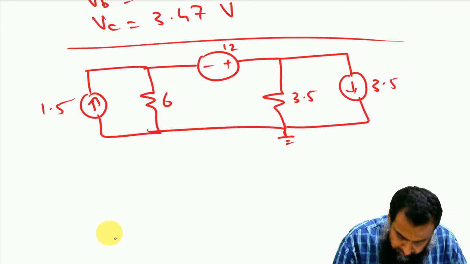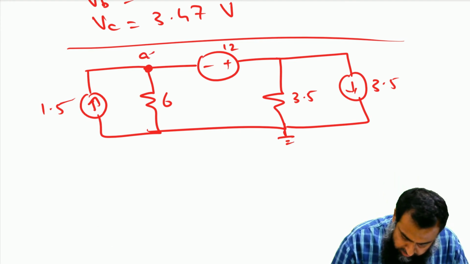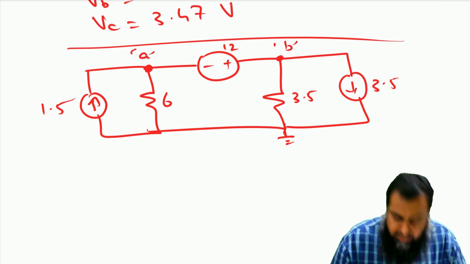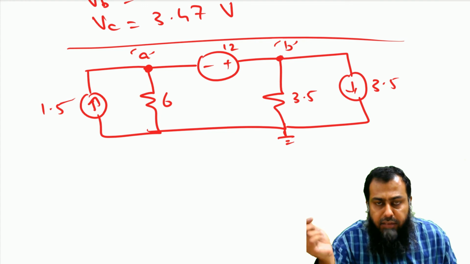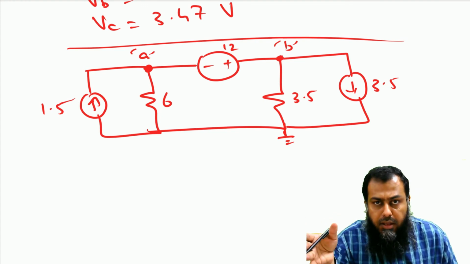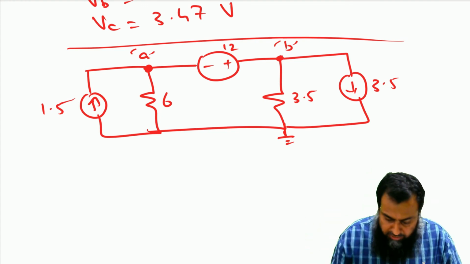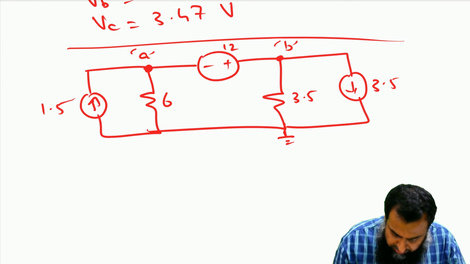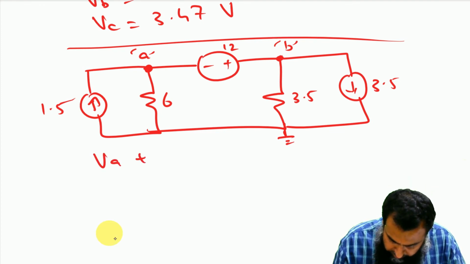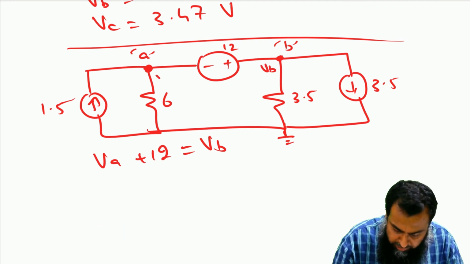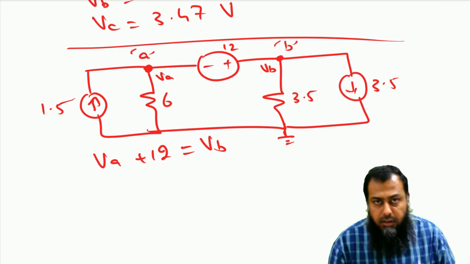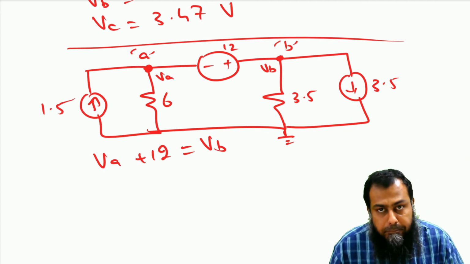So now we have an essential node here and an essential node here. Both VA and VB are unknown and we need to identify the voltage here. In a conventional method, what we can assume here is that VA plus 12 volt is equal to VB. From this knowledge we know that VB is at a higher potential than node A because there is a voltage of 12 volt between node A and node B.